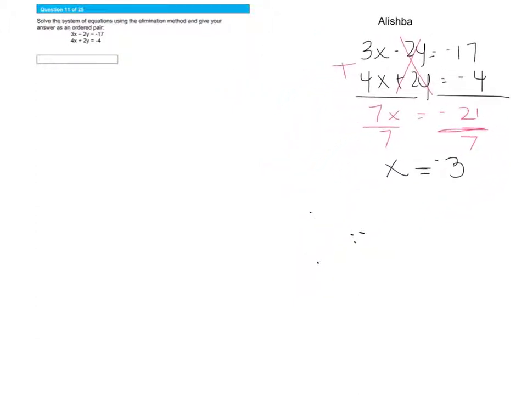Next, we're going to take x equals negative 3 and plug it into one of these equations to solve for y. I'm using 3x minus 2y equals negative 17, and I'm pointing at what needs to be substituted.